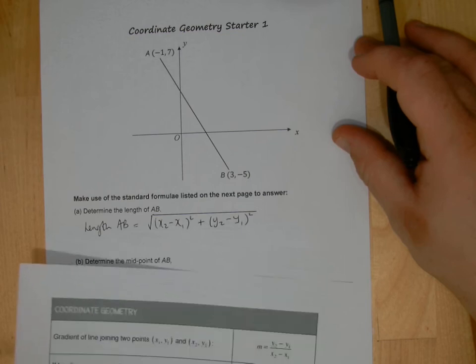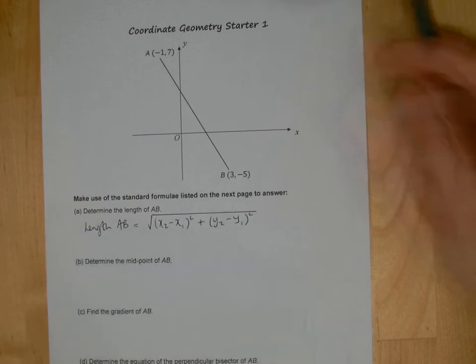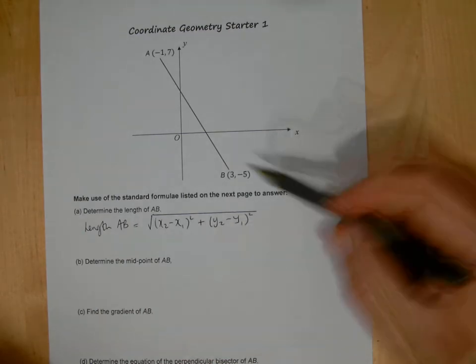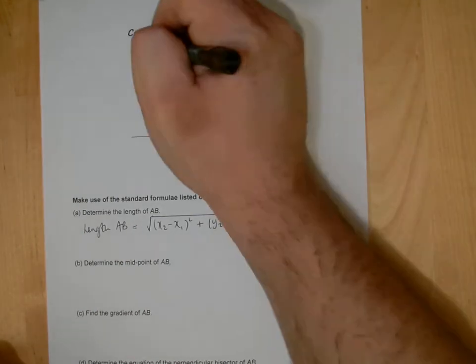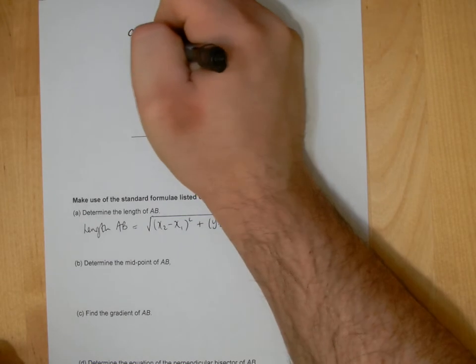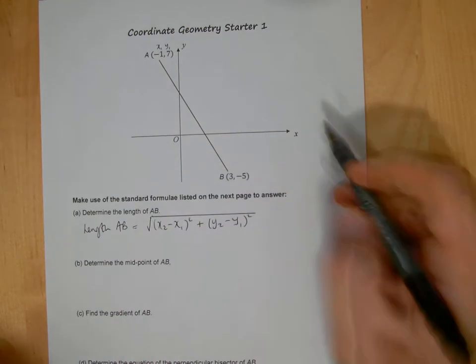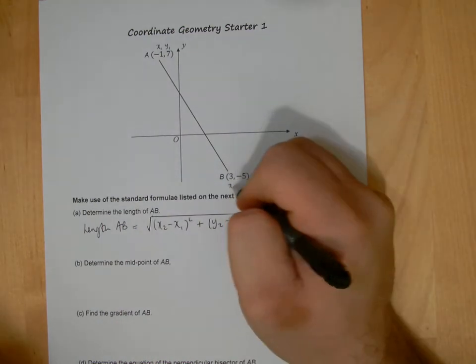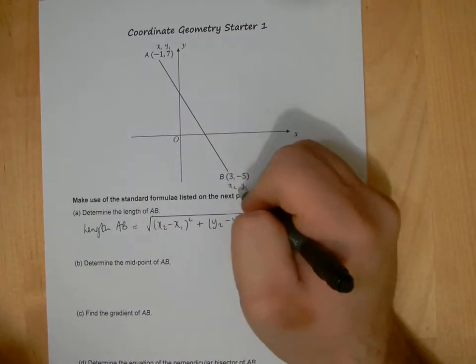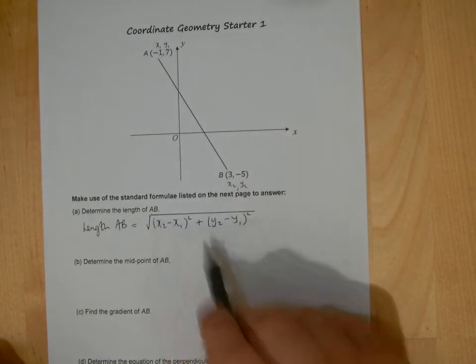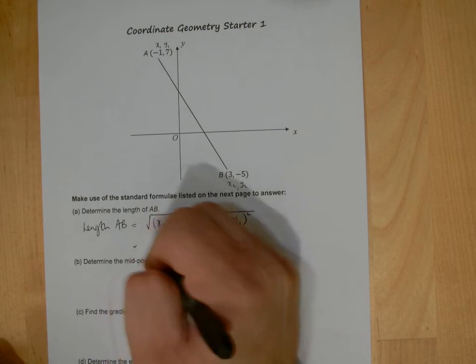So with A, it says determine the length of AB. So I've written down the formula for length already, and it's up to you then to identify, perhaps we'll call this one x1, y1, so that will be our coordinate number 1, so to speak, and then this will be my x2, y2, so that will be my coordinate number 2, and you literally then need to substitute those values in.